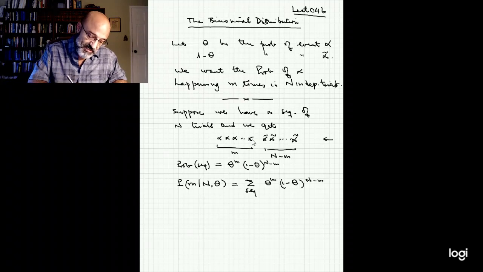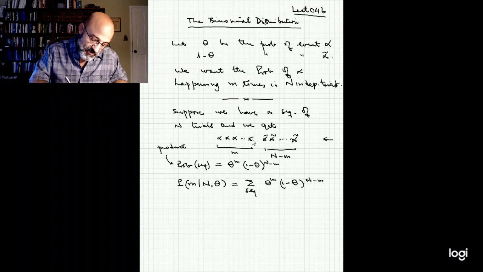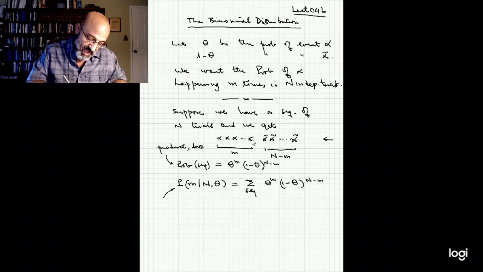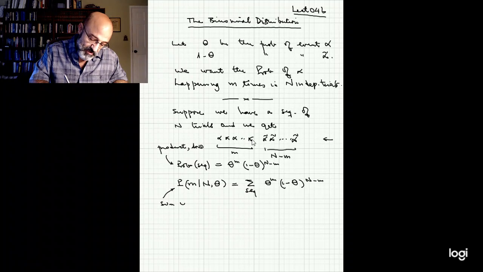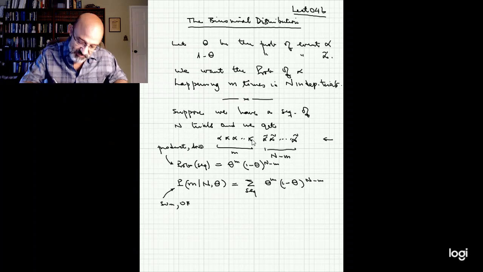So it's interesting that here we are using the product rule, and here we're using the sum rule for OR, for events that are mutually exclusive. Very good. How many sequences do we have?